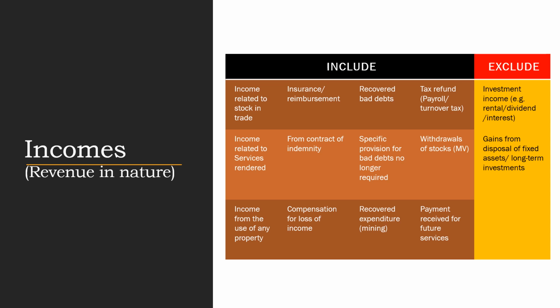So recovered bad debts. General bad debt provision is not allowed. However, if we have a specific bad debt, where we know that company A cannot pay us, so we write off that debt, it is allowable. We expense it in the income tax. We deduct it from the chargeable income.